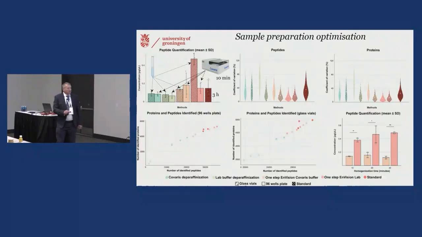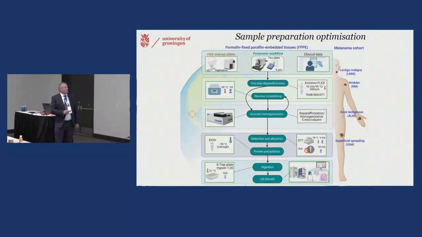We also optimized the length of the sample preparation with the 2 methods, using Covaris buffer and SDS buffer, and we basically use the one-step deparaffinization with SDS. We also checked that at 5 minutes you already get most of your proteins. So we ended up with 5 minutes of sample preparation.